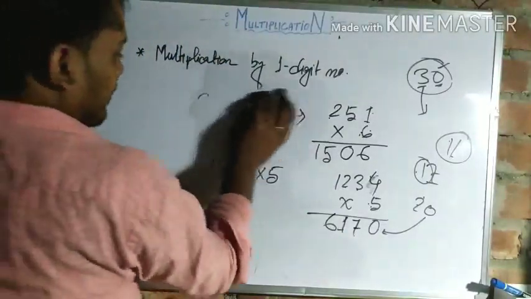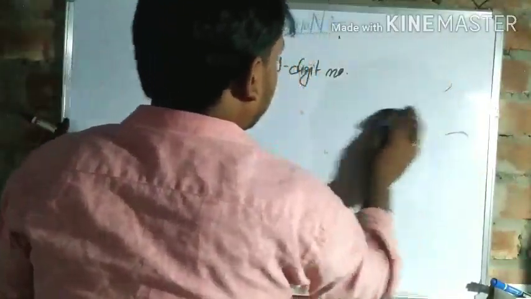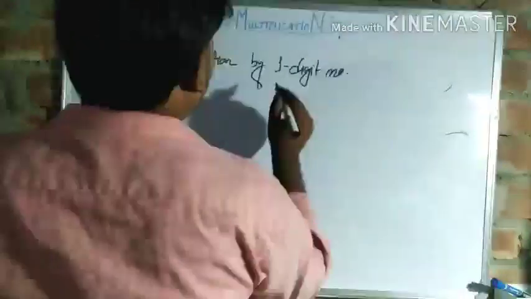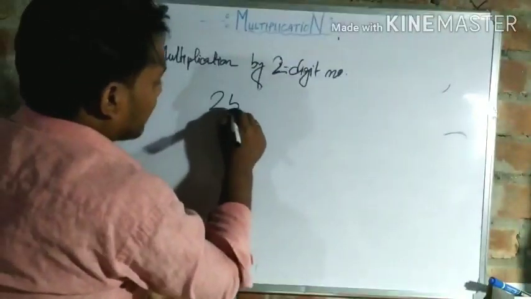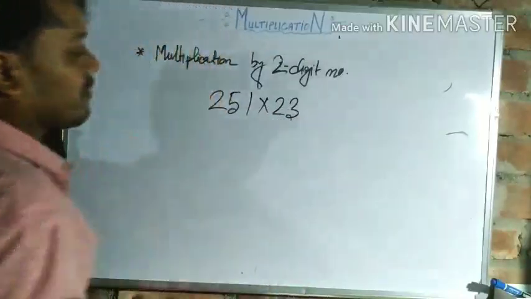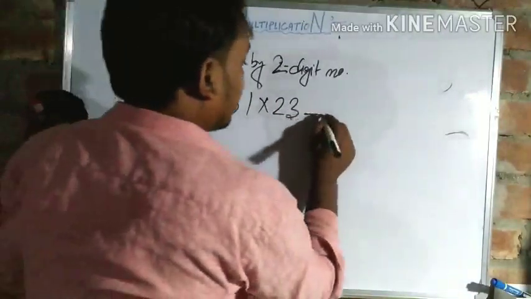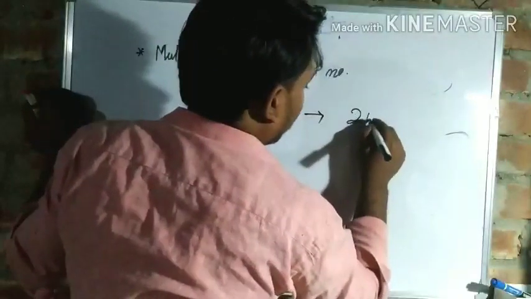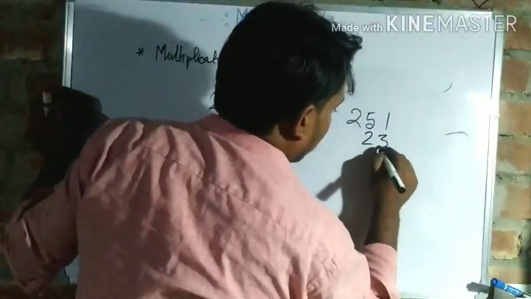Now multiplication by a two digit number. For example, 251 into 23. How to multiply it? Here also it is similar. First write the bigger value, and in the second row the smaller value.